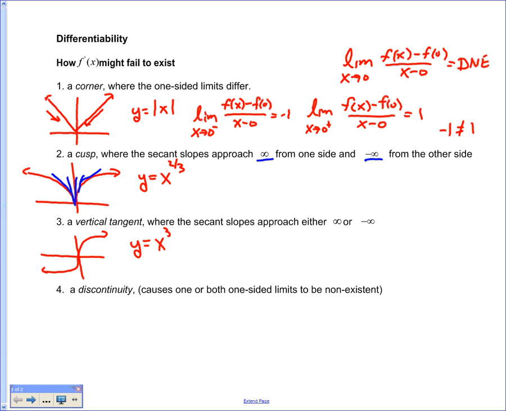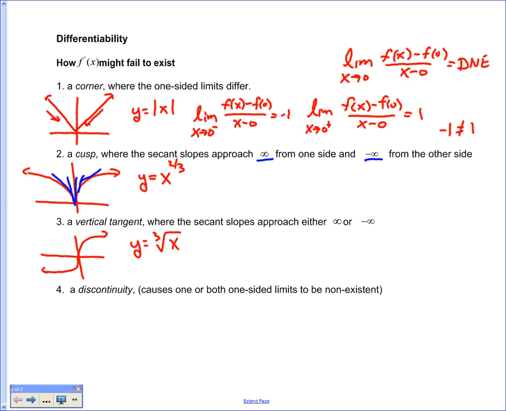It doesn't necessarily have to be centered at the origin like this one does, but it's going to have this type of a little curve or twist in it. It should be y equals the cube root of x, or x to the 1/3 power.